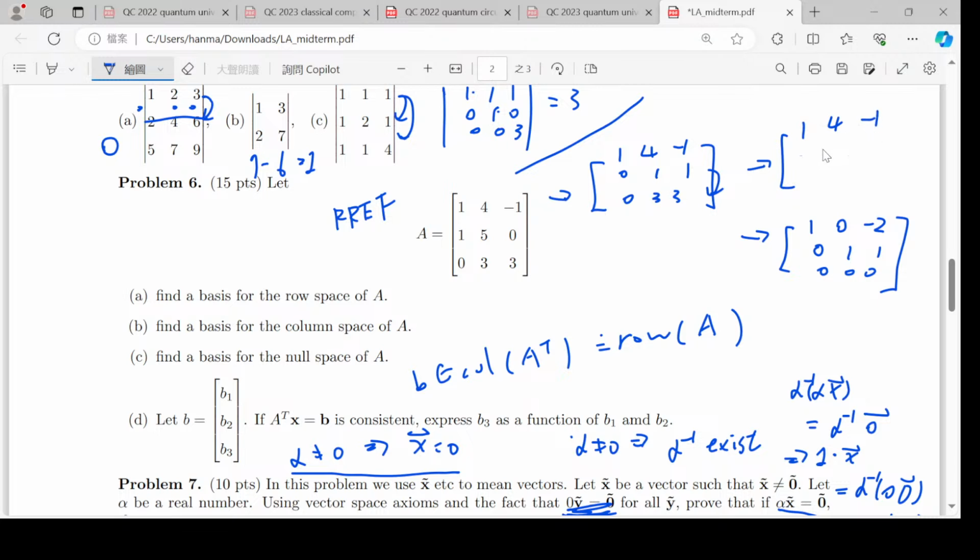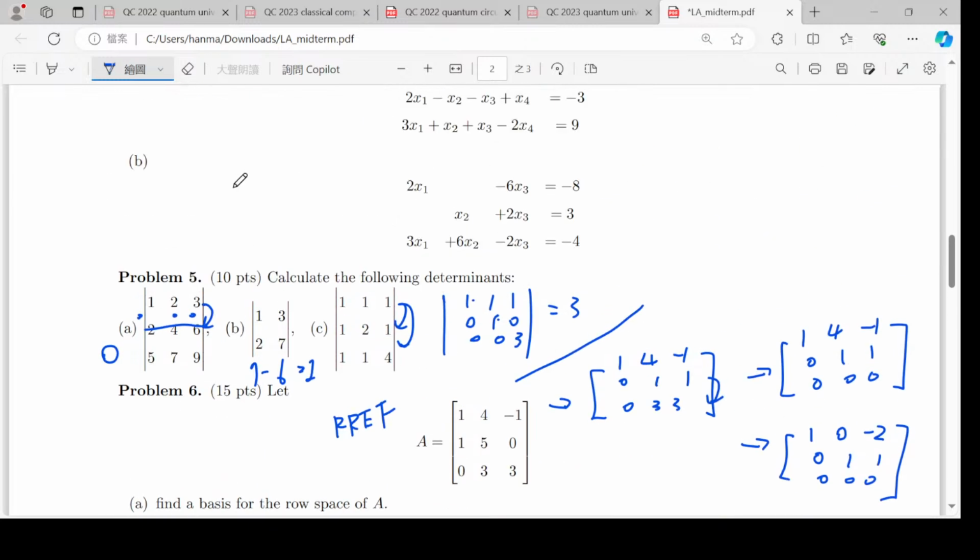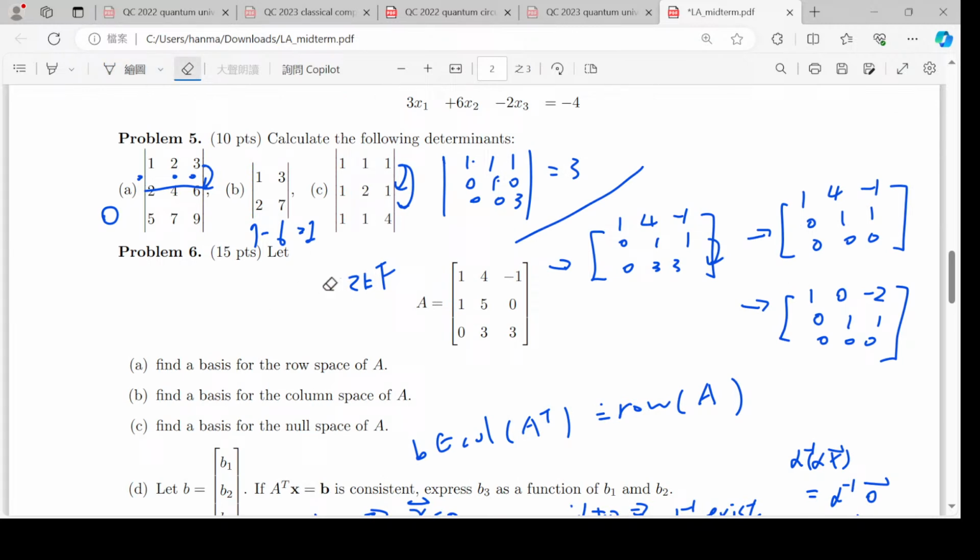So this is only REF: 0 1 1 and 0 0 0. Here you already see the rank. So I should label here: up to here we have the REF.